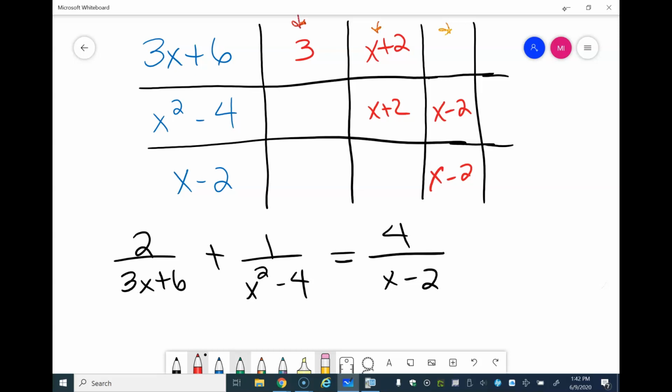Okay. So the next part of this problem, we want to bring down one item from each column. So I'll bring down the 3, and I'll put a little cloud around it. I see 2 x plus 2's, but remember, only bring down 1 from each column.